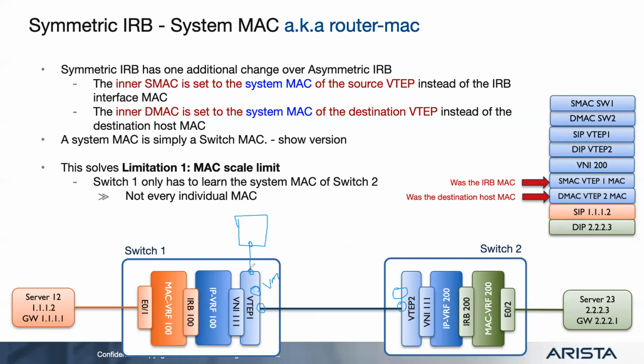But in the MLAG we have the same VTEP IP, right? Yes, on both of them the VTEP IP is the same. So basically, we have to use the MLAG system ID MAC, right? When they bring the MLAG up, they decide on one system ID which they will use for downstream neighbors.